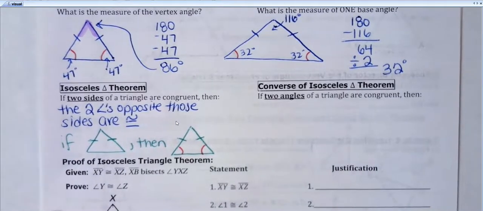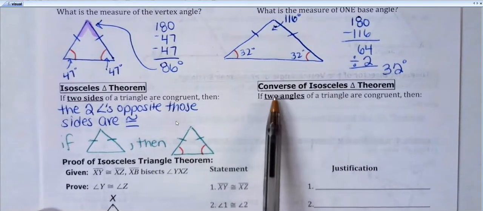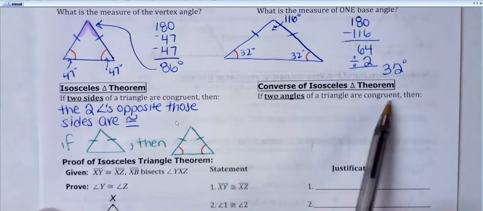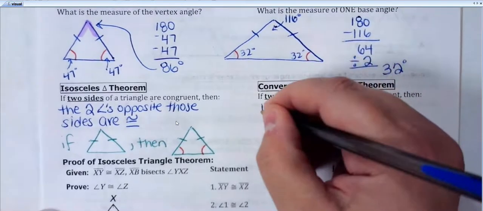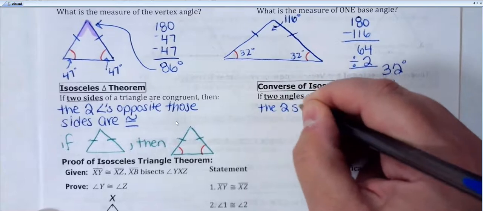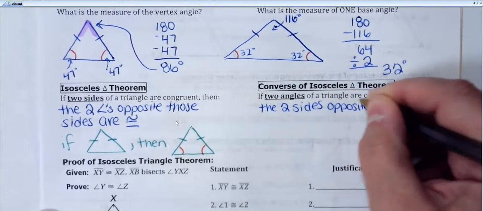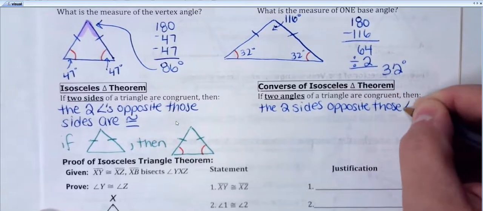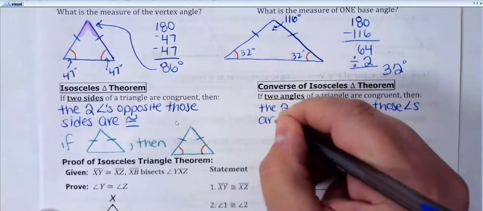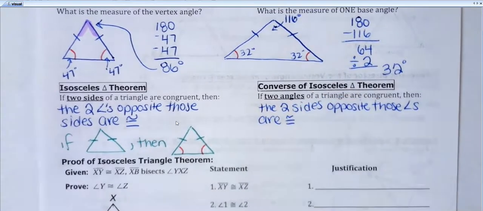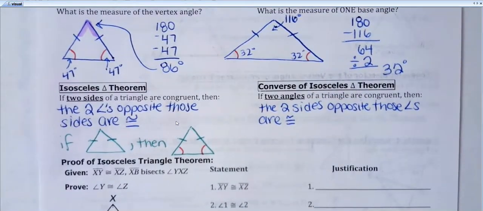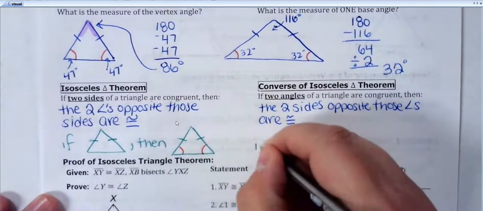Now, the converse is going to flip this around. It says if two angles of a triangle are congruent, then the two sides opposite those angles are going to be congruent. So if I have in a picture two angles in a triangle that are marked congruent to each other, then I can automatically have the two sides that are opposite those angles congruent.